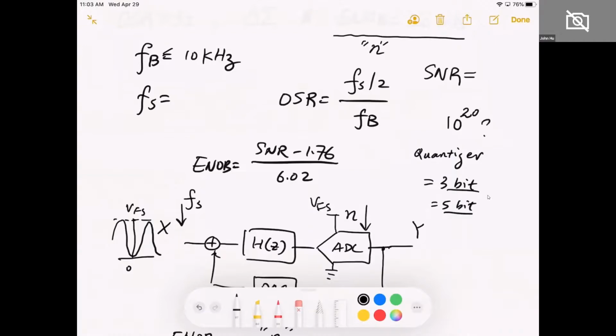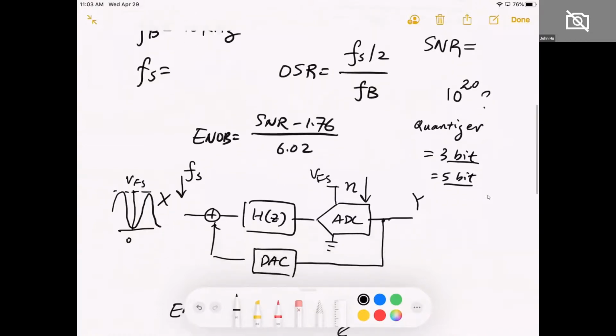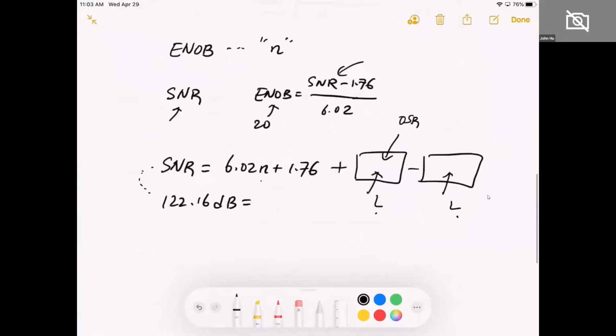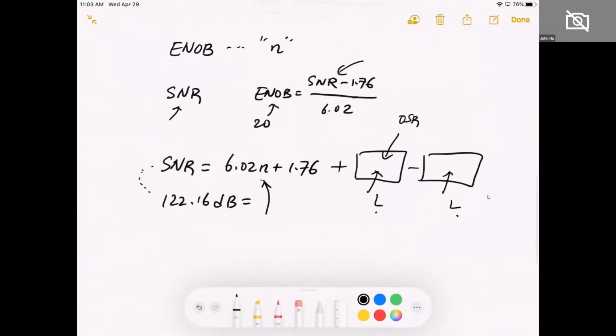And the supply rail is only VFS, so we are limited in terms of how many bits we can realistically design here. So the quantizer can only be, let's say, n less than 5 bits. Then what kind of order would you choose, given the OSR?